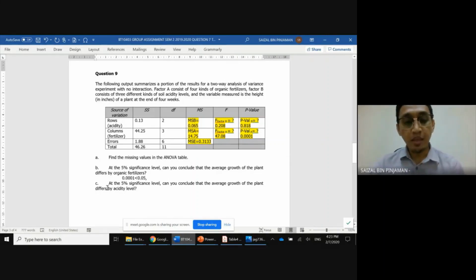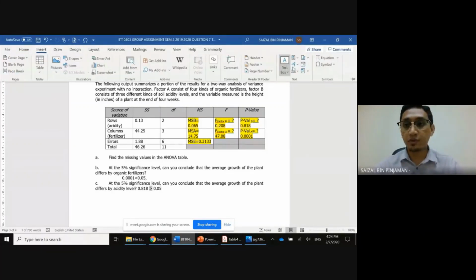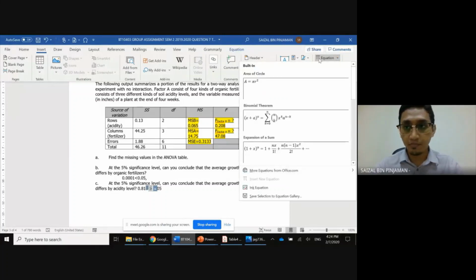For question C, our p-value is equal to 0.818, and of course it is larger than 0.05, since it is larger than the significance level.